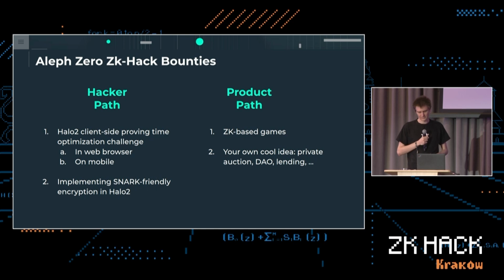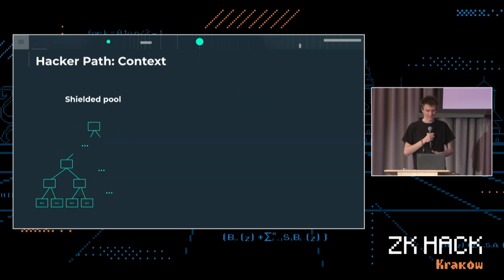Right, so let's start with the hacker path. To explain the bounty, I first need to recall how privacy is achieved using ZK SNARKs in general. If you know Zcash, or one of the other privacy protocols like Tornado, they're all very similar. The central object in each of these protocols is the so-called shielded pool, or anonymity pool.